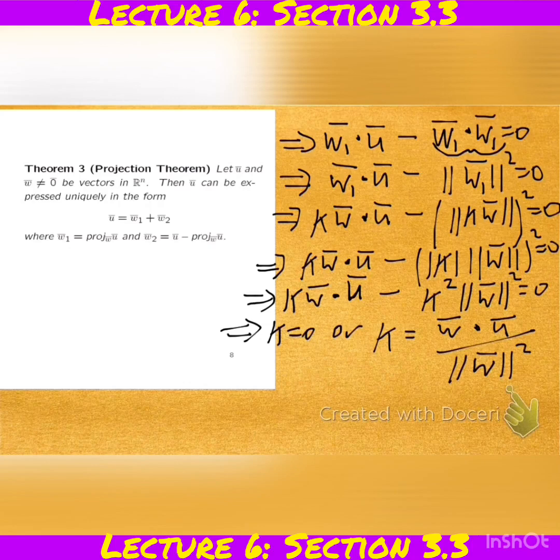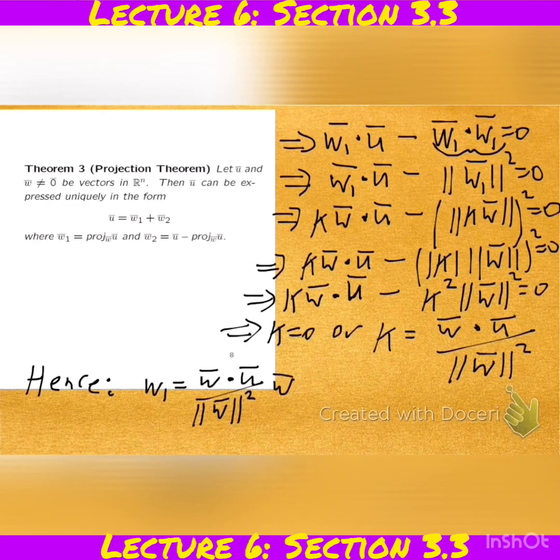So now we've basically solved everything. We can say that w1 is the scalar multiple, which is k, and we're interested in this value for k, norm squared, multiplied by the vector w. This is also called the projection.